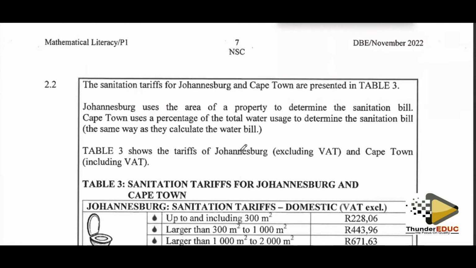Here we go. Sanitation tariffs for Johannesburg and Cape Town are represented in table 3. Johannesburg uses the area of the property to determine the sanitation bill. Cape Town uses percentages of the total water bill usage to determine the sanitation bill, the same way as they calculate the water bill.